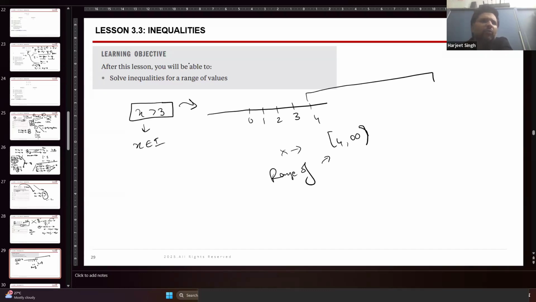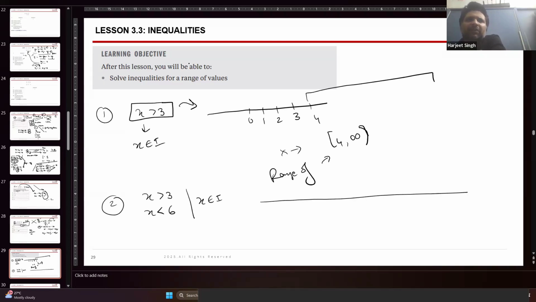Now, if two inequalities are given, so this is the first setup. Second is two inequalities are given. Suppose I write x greater than 3, but x less than 6, and x is an integer. It means this kind of a problem can be solved graphically, where x greater than 3, can I start drawing from 4?